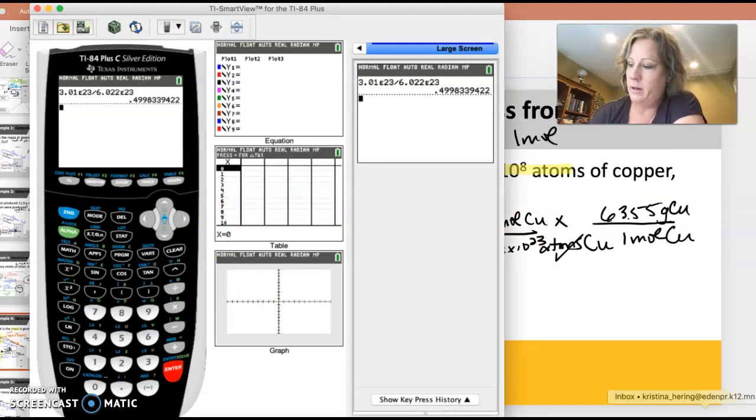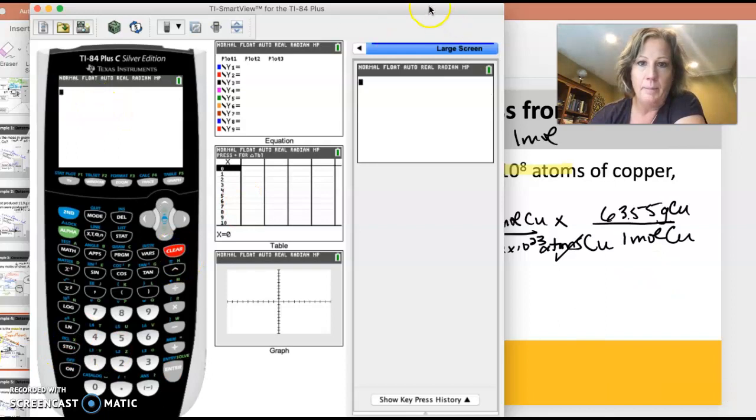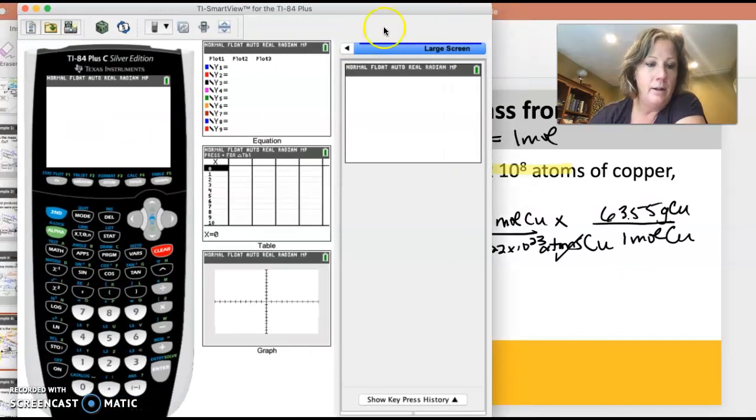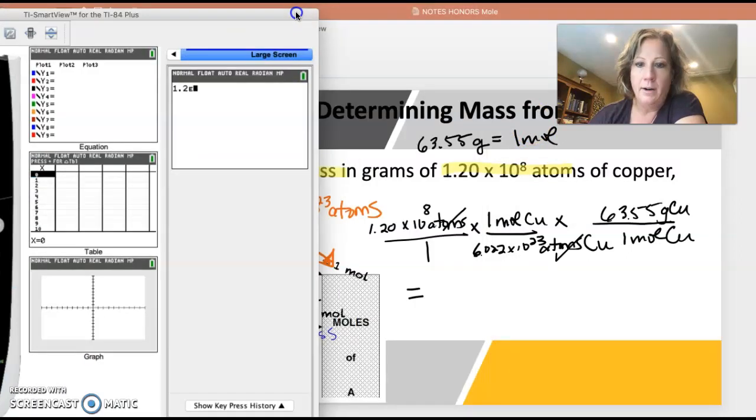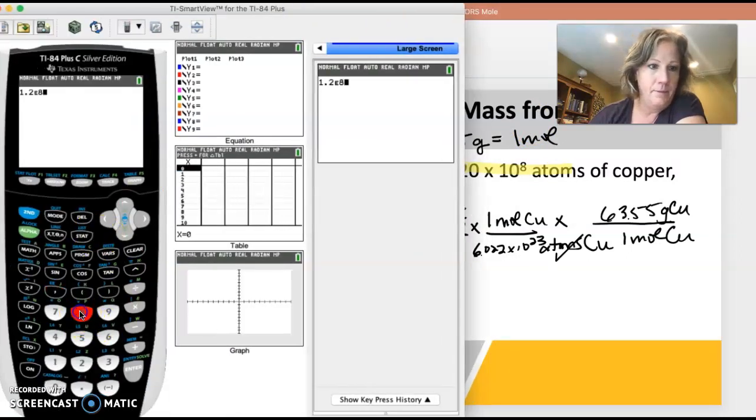I'm going to clear it. So I'm going to put in that beginning number, 1.2, and I'm going to use my second EE, and then put the power of 8. Then I'm going to multiply by 1, and you can do that or not.